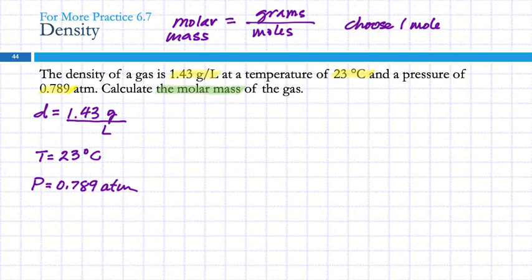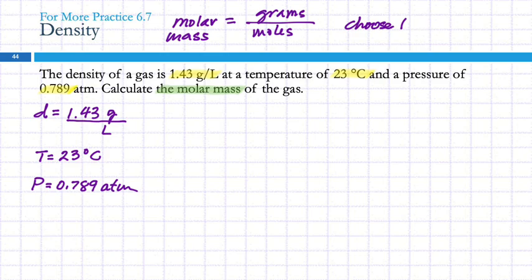Actually, choosing 1 mole is not the easiest here. We need the mass in grams, but we're trying to calculate the molar mass. So if we have a mole here, we're not going to be able to calculate grams, are we? We got this density. This is the mass of 1 liter. Maybe we should choose 1 liter of gas instead.